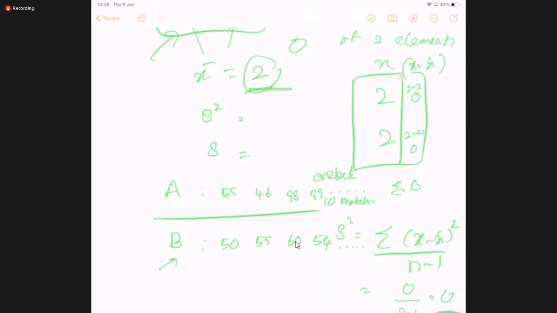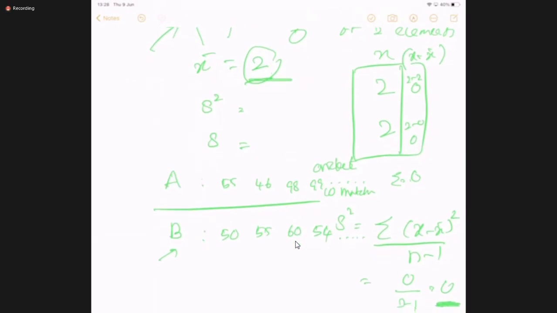What do you think? Player A or player B?